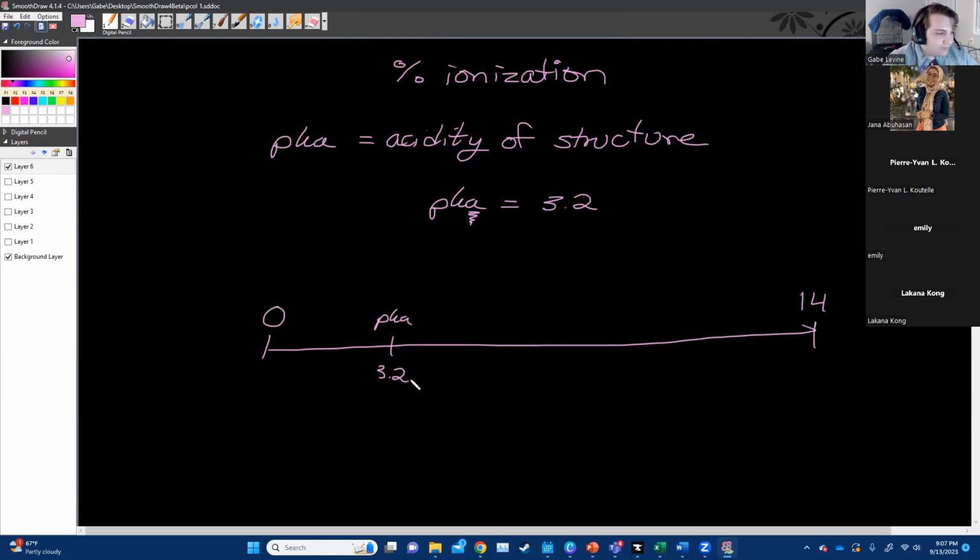What I will show you is the quick and dirty way of figuring out if a molecule is going to be charged if you have the pH available. So instead of drawing out the structure, let's say I have an acidic functional group.